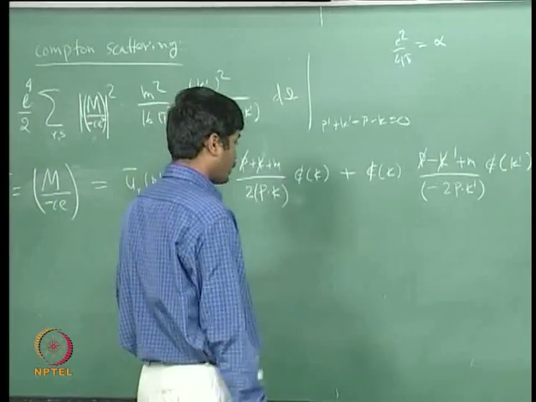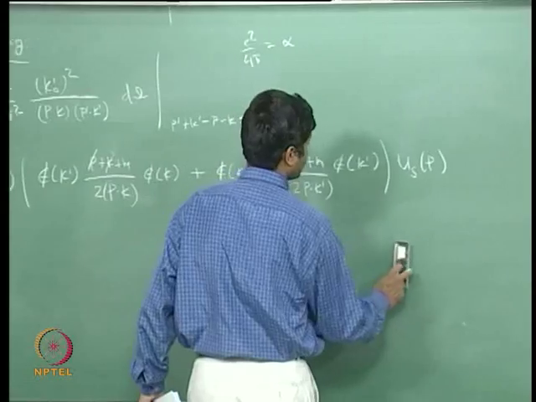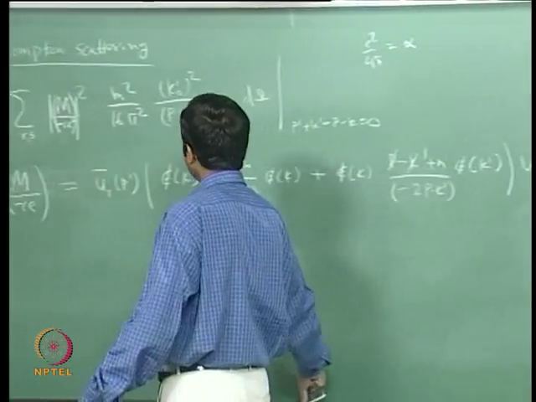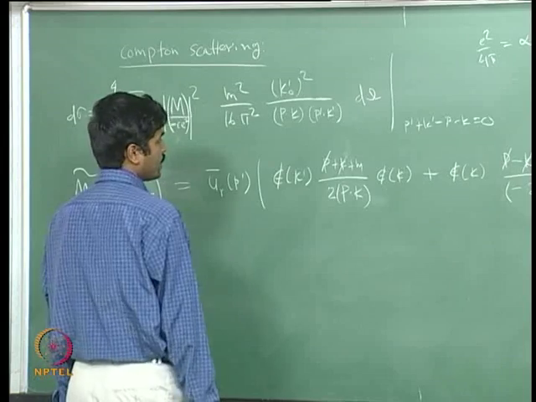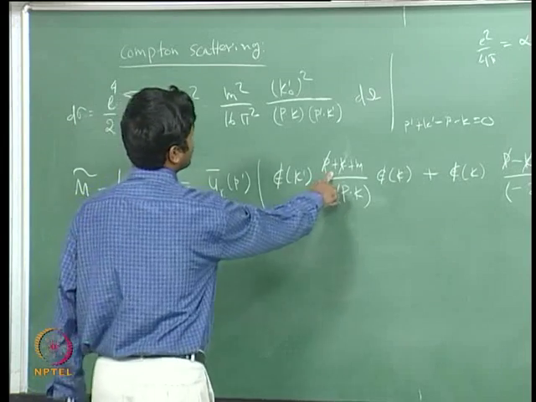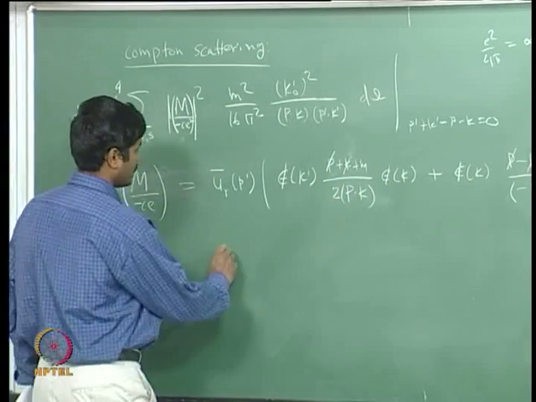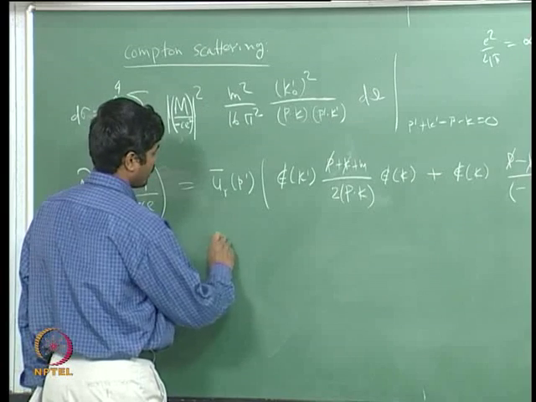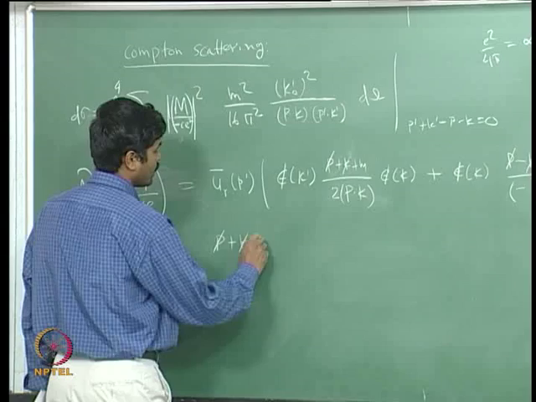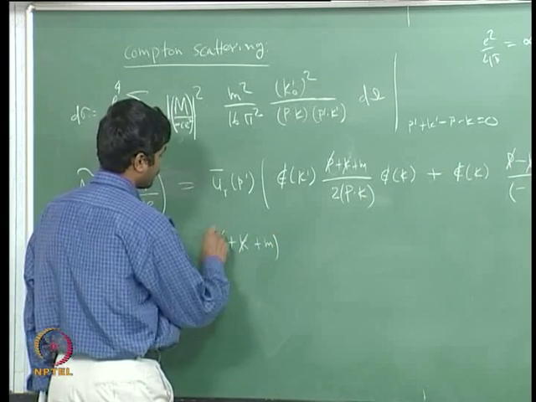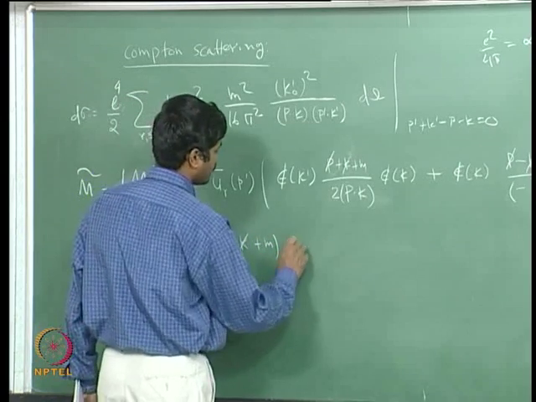I can further simplify these terms. Let's see how. Let's look at this term here: p slash plus k slash plus m, times epsilon slash of k.